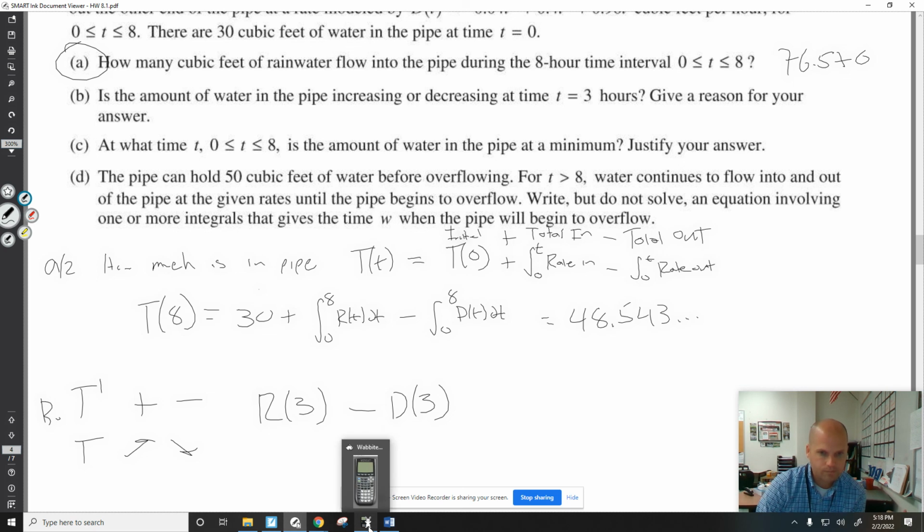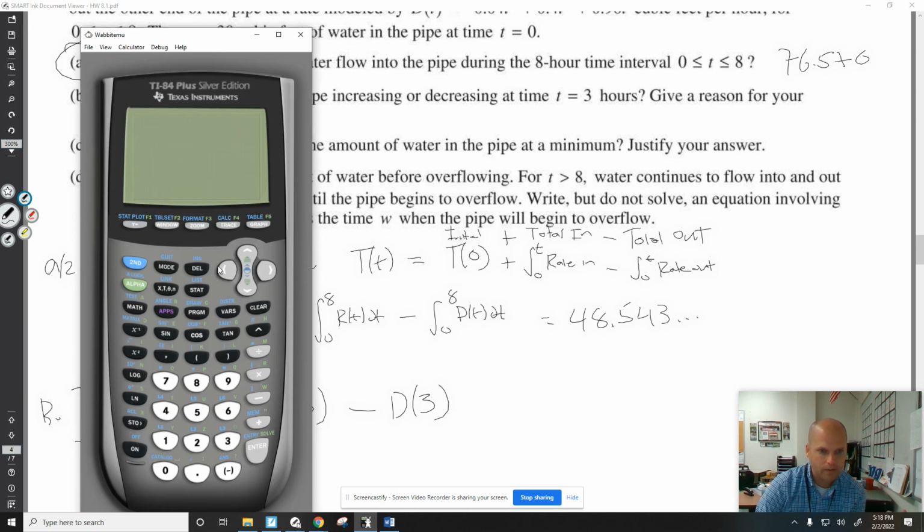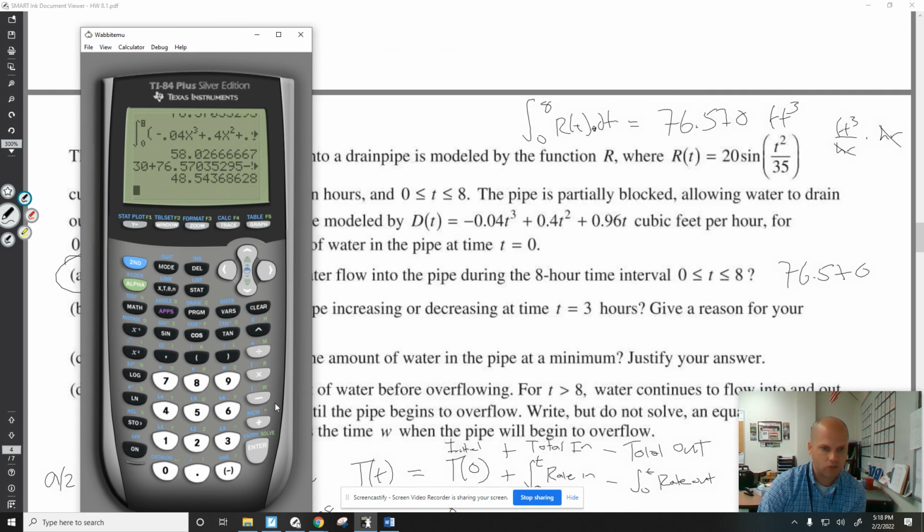So I go and just subtract them. You could compare them. You could say the rate out is bigger than the rate in, and so on. That's fine. Unfortunately, this is more stuff to type into your calculator. There's my rate out. You can compare it to your rate in at 3.